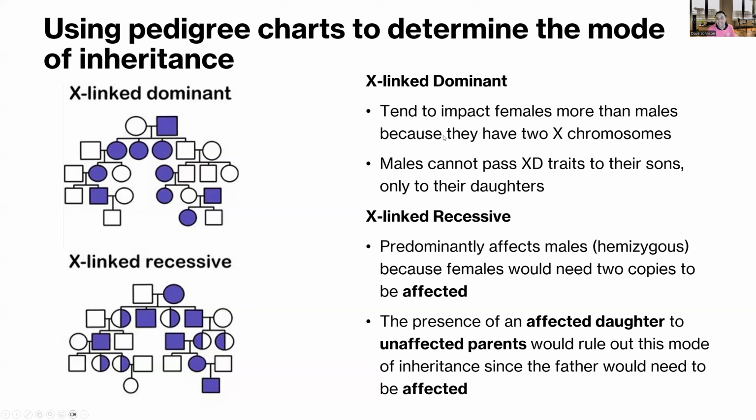Now, X-linked dominant traits tend to impact females more than males, with the main reason being they have 2 copies of the X chromosome. So they can get it from either parent and show that particular phenotype, all right? The other thing to note, in this case, we have an affected father. All of his daughters are going to have this particular trait. Why?